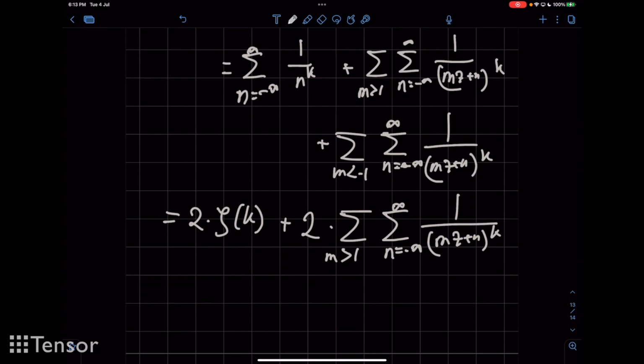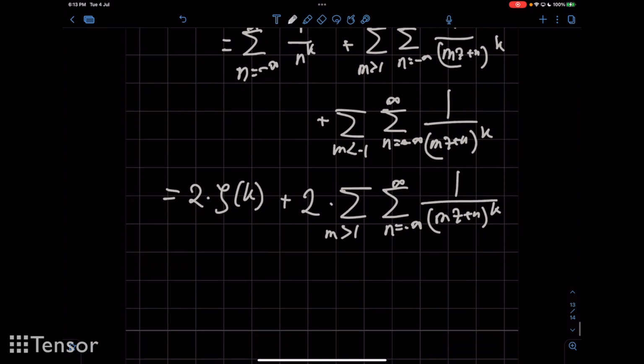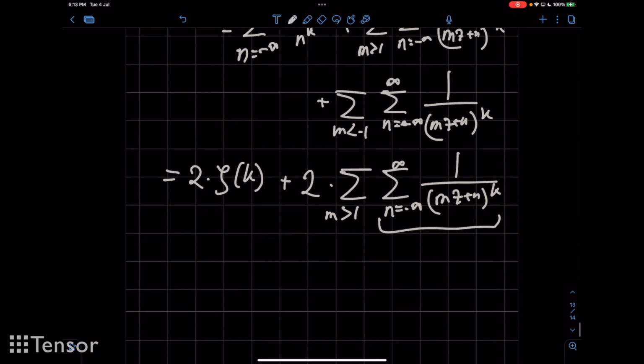And the inner summation right here looks like a sum of 1 over (w plus n) to the k. So this is of the form like this, the inner sum. And this is periodic with period 1. Is that clear to everyone?